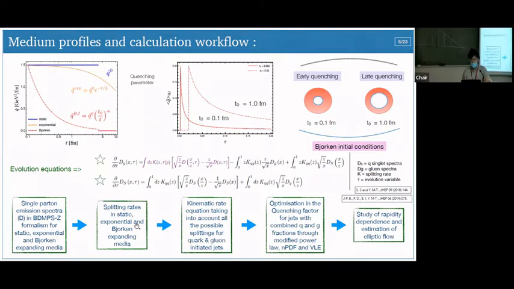And from this, we will solve the kinetic rate equations, the coupled evolution equations, for the quark and gluon initiated jets. Then we will do some optimization to arrive at the quenching factor. We will also impose the nPDF and the VLE phenomena to get closer to realistic values from the experiments. And finally, we will also study the rapidity dependence and estimation of elliptic flow for different kinds of media.